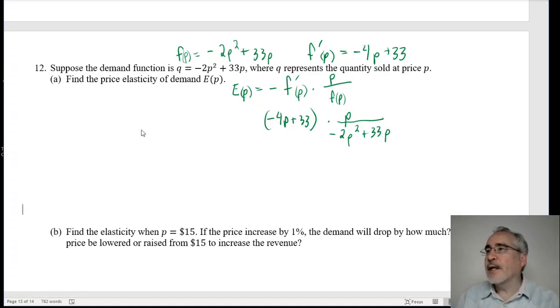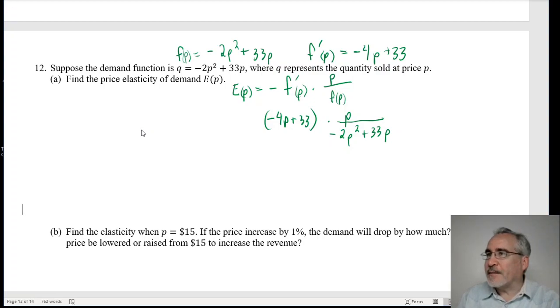Give a little bit more room. We're going to multiply the tops, but rather than distributing, what you could distribute, but I noticed down here each of the terms in the denominator have a p. I'm going to factor out that p, and it'll cancel with this, and it'll just simplify a little bit nicer.